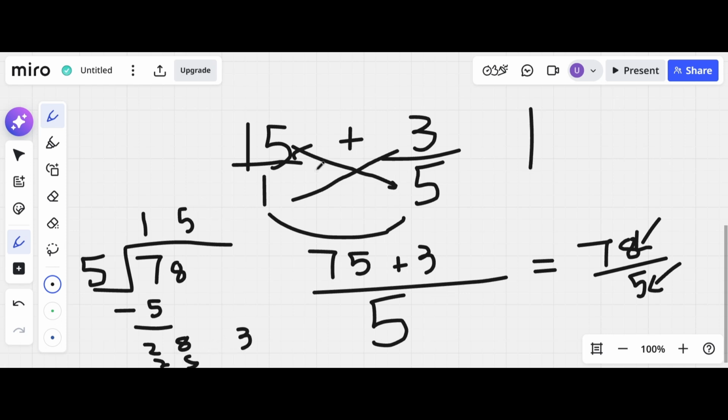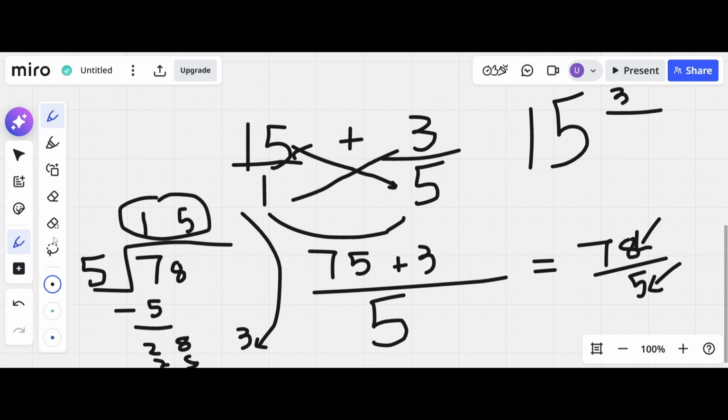So we start from the top: 15, then the bottom, which is 3, and the divisor. So 15 whole 3/5. Pretty simple stuff. Nothing complicated.